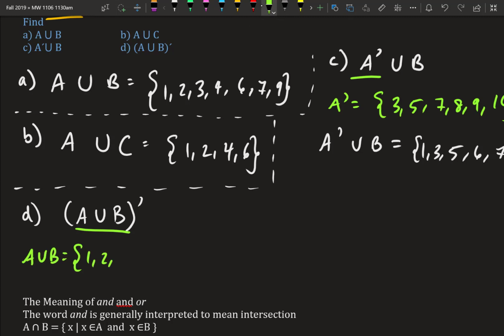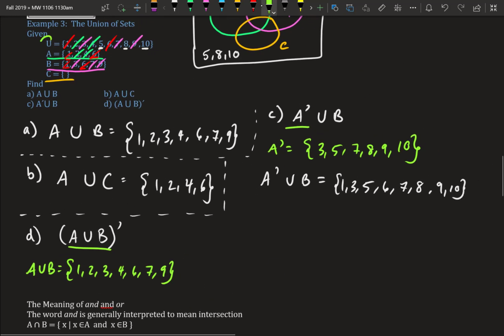It's 1, 2, 3, 4, 6, 7, 9. So everything else that's in the universal set that is not 1, 2, 3, 4, 6, 7, 9, that's 5, 8, and 10.